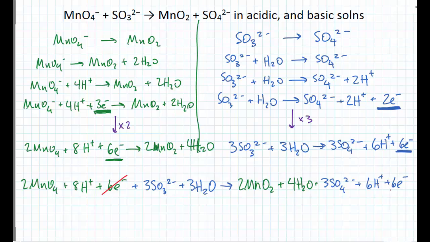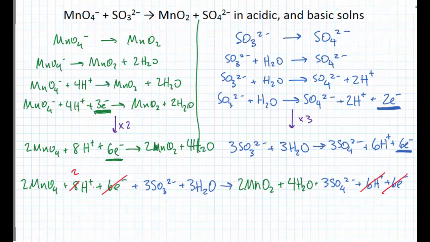Okay, let's start canceling. The electrons cancel. Some H's cancel. 6 H's cancel, leaving us with how many over here? I just usually do it like that. What else?